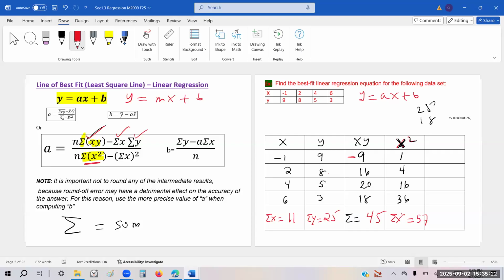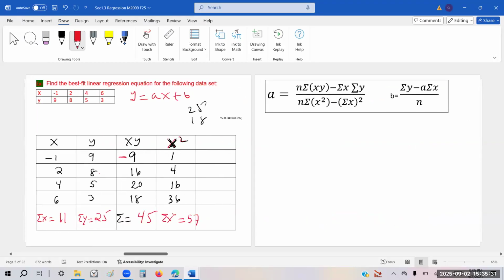Great. So we have all the information we need to replace in the A equation. So you go find A. The N you see, N means number of X values or number of data points. So how many X you see? 1, 2, 3, 4.